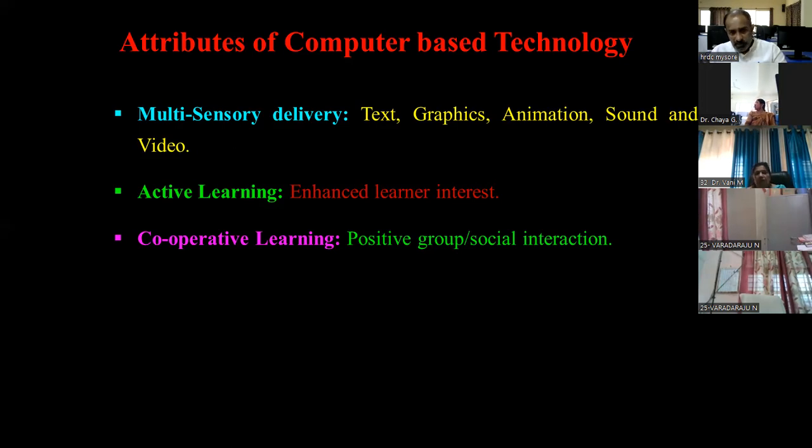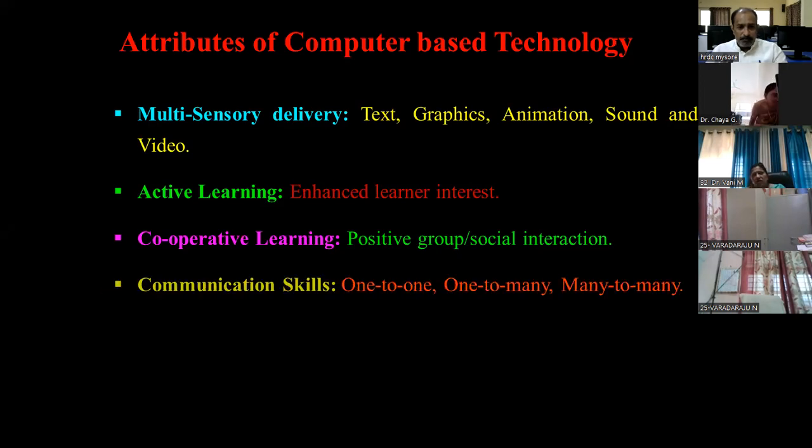That's what is called cooperative learning. Students can work together, think together, analyze together, understand, share their knowledge, and that's how they can learn better. Then communication skills like one-to-one, one-to-many, and many-to-many are possible.